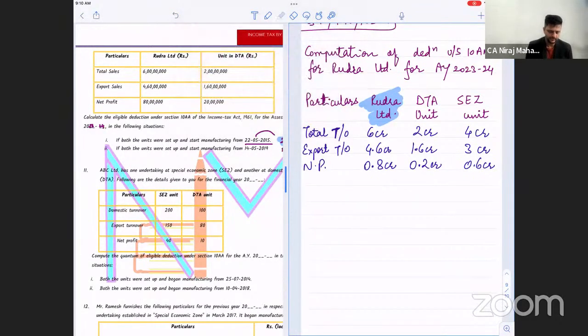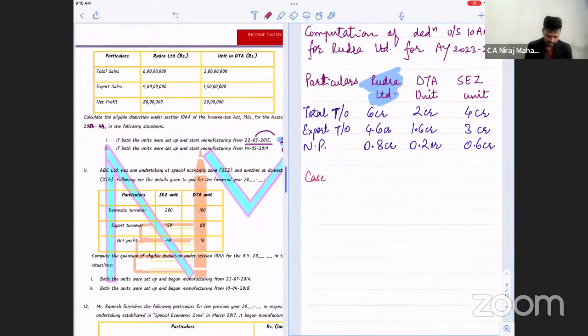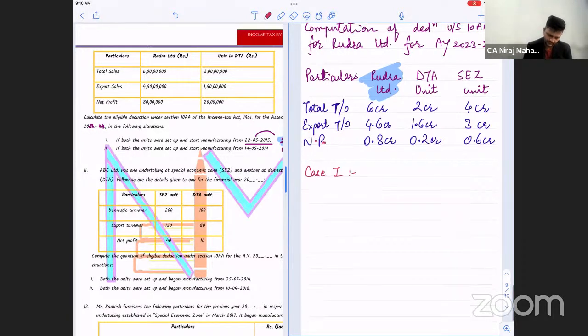Now I'm talking about case 1. Who's okay till here? Case 1. All right. Mainly we're interested in the SEZ unit. So the SEZ unit was set up by manufacturers. Okay. I'm giving the date directly, 22/5/2015.